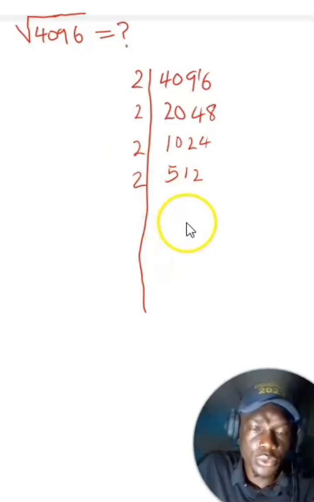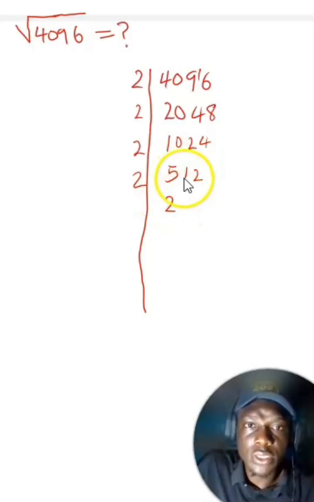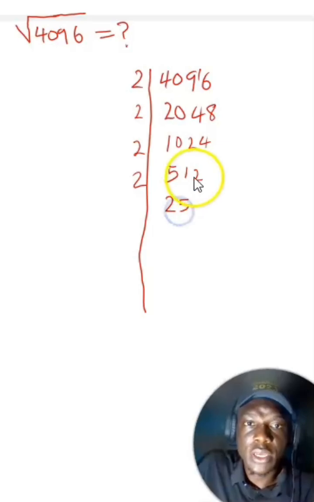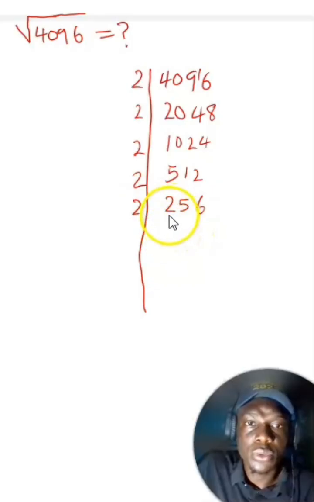5 divided by 2 gives us 2, remainder 1. We add that 1 to this one here, it becomes 11. 11 divided by 2 gives us 5, remainder 1. 12 divided by 2 gives us 6. We go again with 2. 2 divided by 2 gives us 1. 5 divided by 2 is 2, remainder 1.